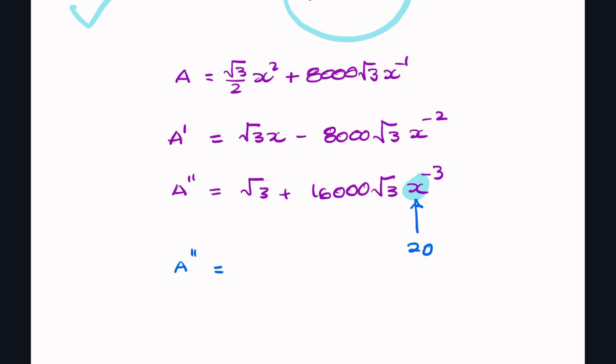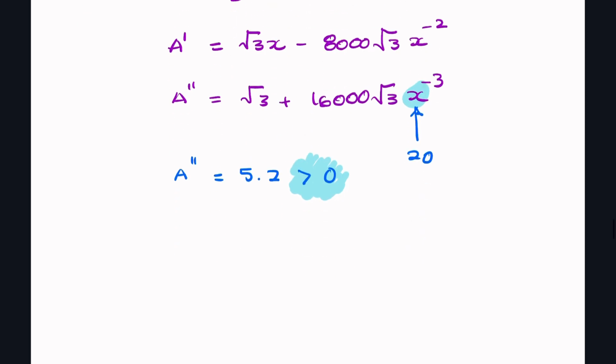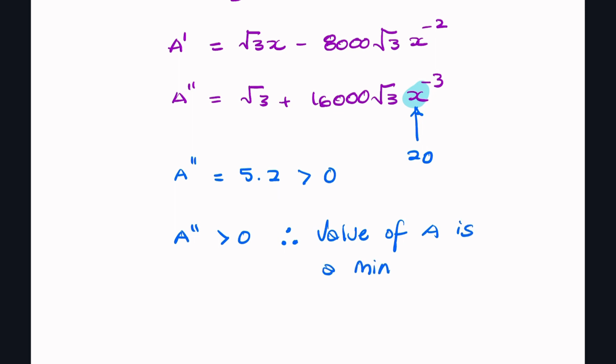So that gives you 5.2, and that is greater than 0. That's the important bit. And then you can say second derivative of A greater than 0, therefore value of A is a minimum.